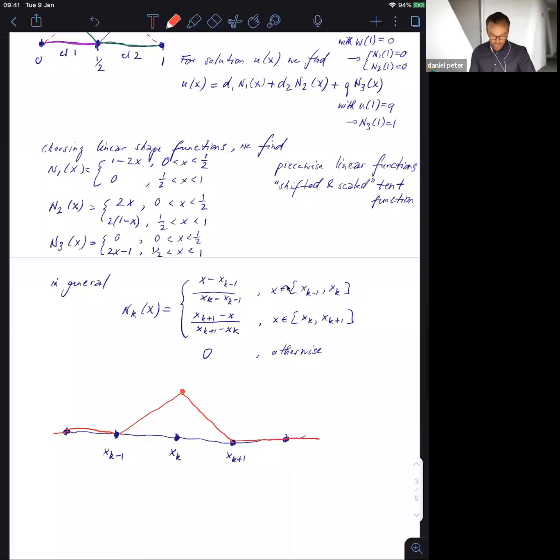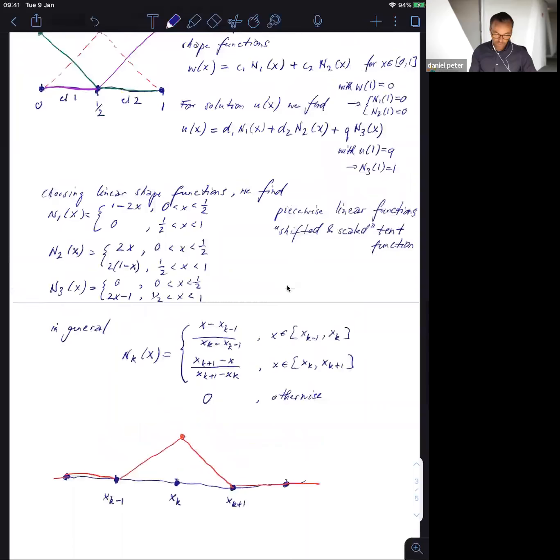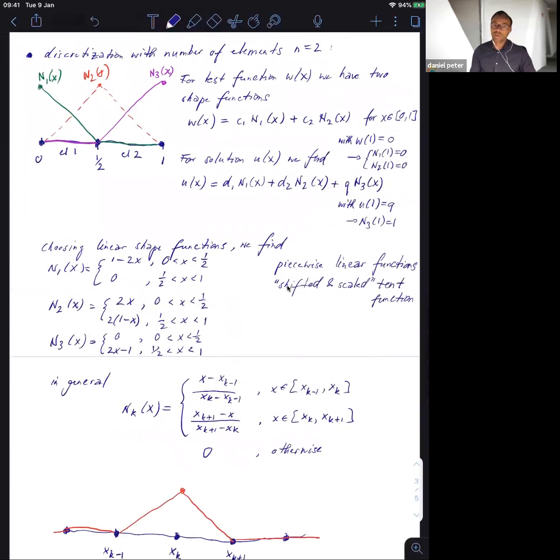So 2 things to note here. First, for our solution u, we have now 2 degrees of freedom, d1 and d2. These are the 2 unknowns now. So when we increase the number of elements, we increase the number of unknowns, or in other words, we increase the degrees of freedom.